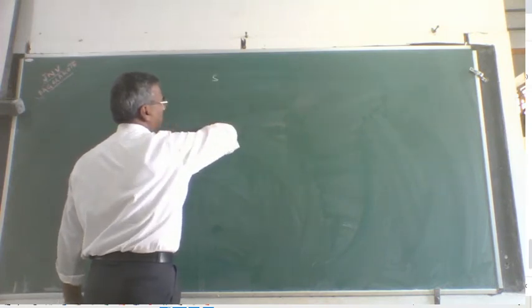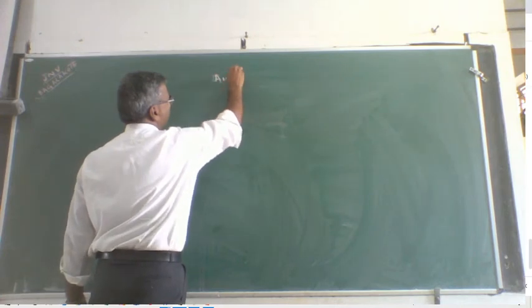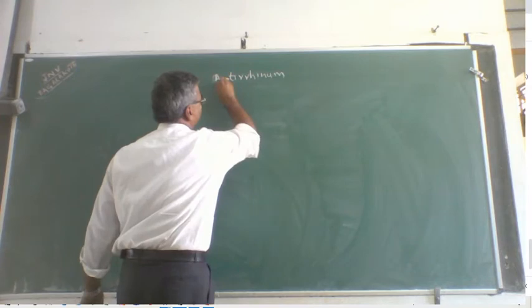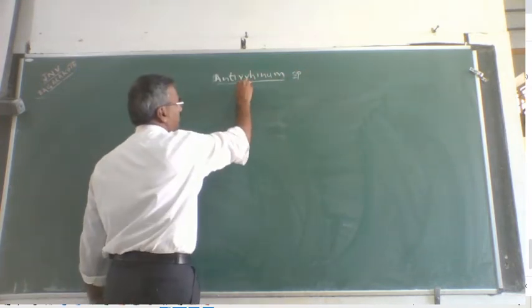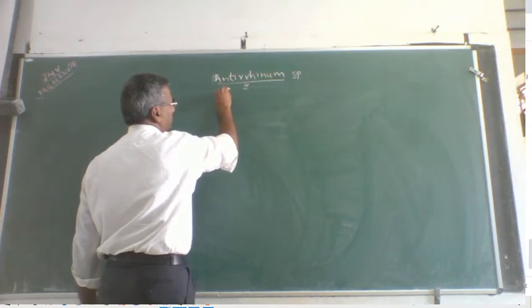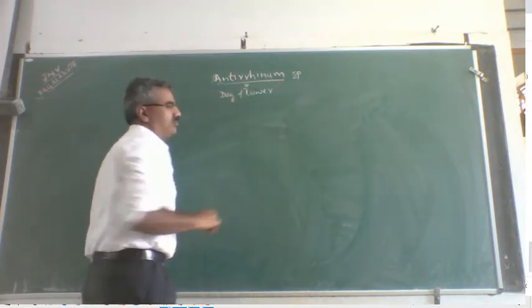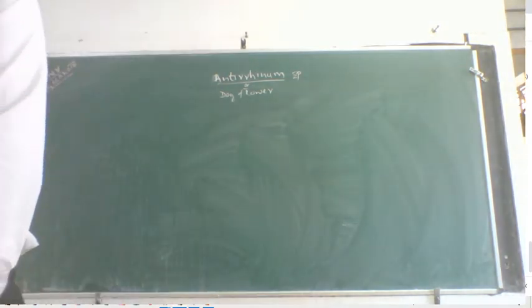Snap, or you can say Antirrhinum species, which is also called dark flower in this case.